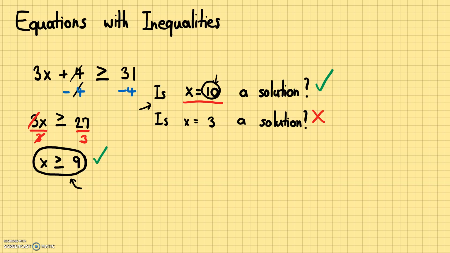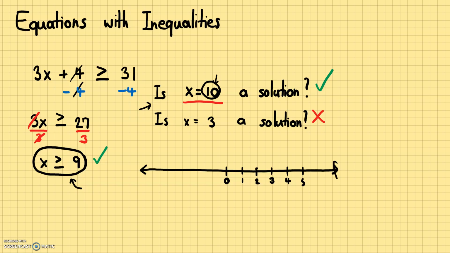Okay, and just as a bonus here, let's try and graph our solution. Okay, so we start at 0. We have 1, 2, 3, 4, 5.